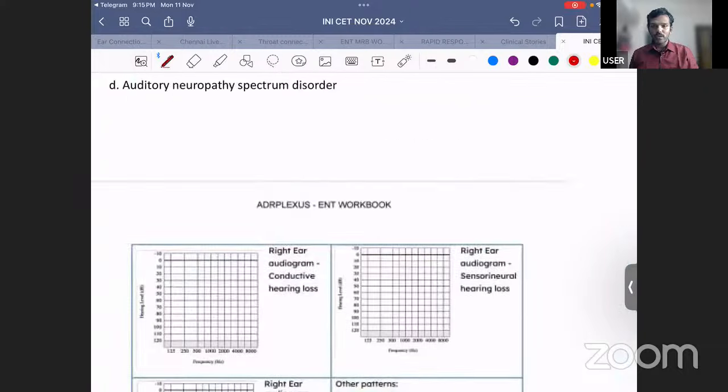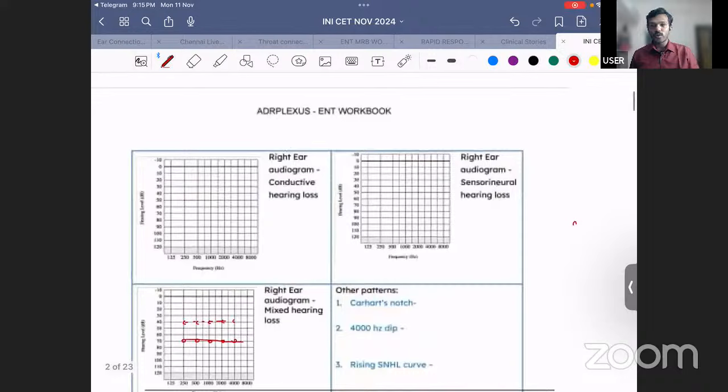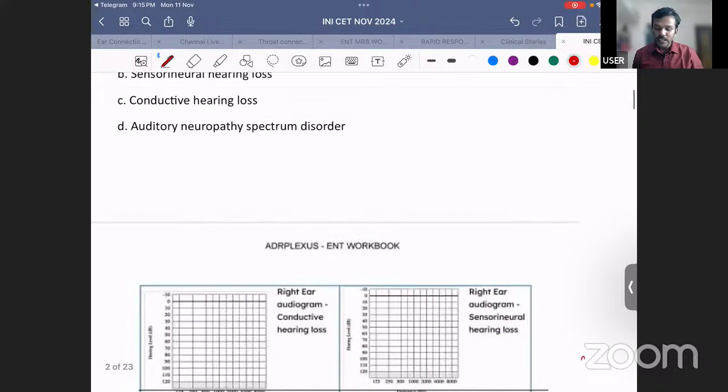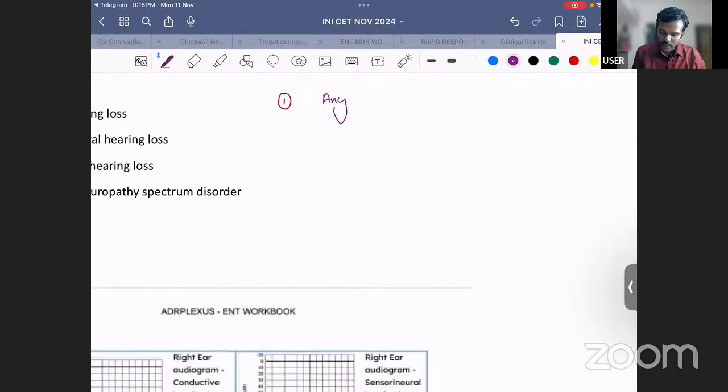This is a screenshot from our workbook. First, how to plot an audiogram. I've told you always 3 thumb rules for plotting an audiogram. The first thumb rule is, first you should identify whether any curve is more than 25 decibel. Any curve, be it bone conduction or air conduction, any curve more than 25 decibel, you can confirm it as hearing loss present.